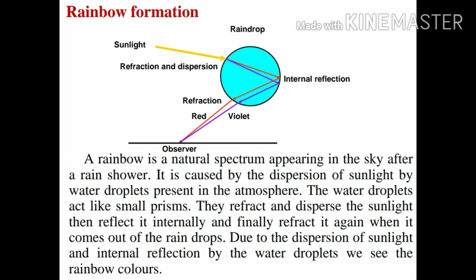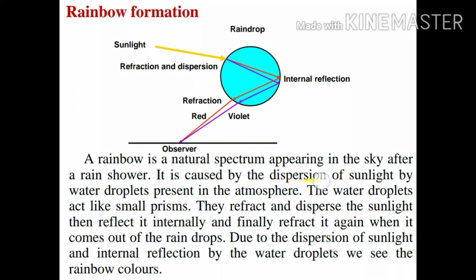This phenomenon is also not in our syllabus. This was just for your knowledge, that when a ray of light falls at a particular angle, that is the critical angle, some light gets reflected back on this side and then again gets refracted and comes back. So a rainbow is a natural spectrum appearing in the sky after a rain shower.